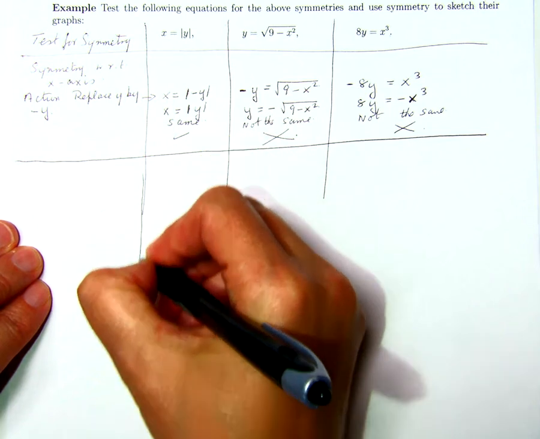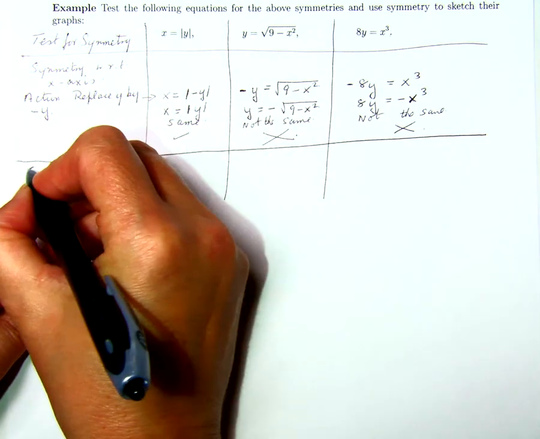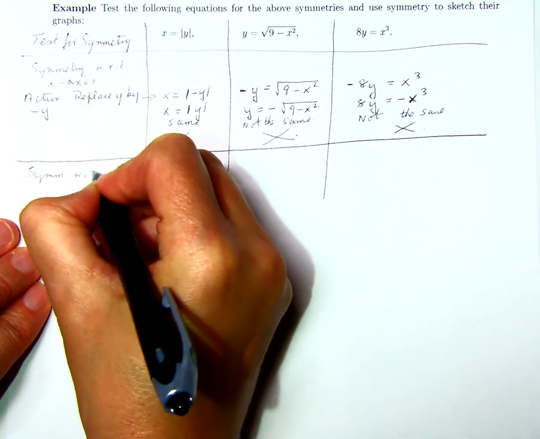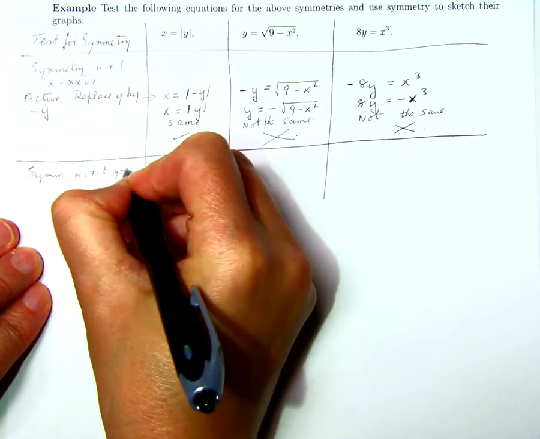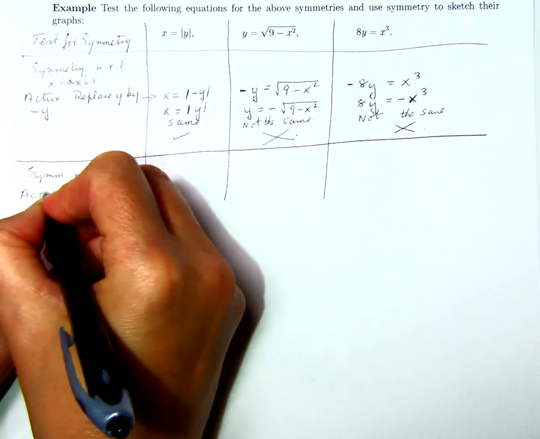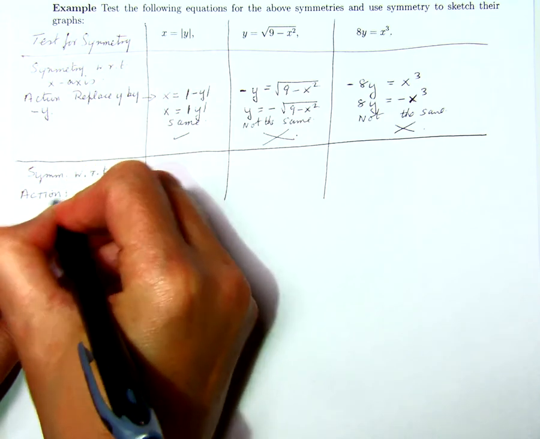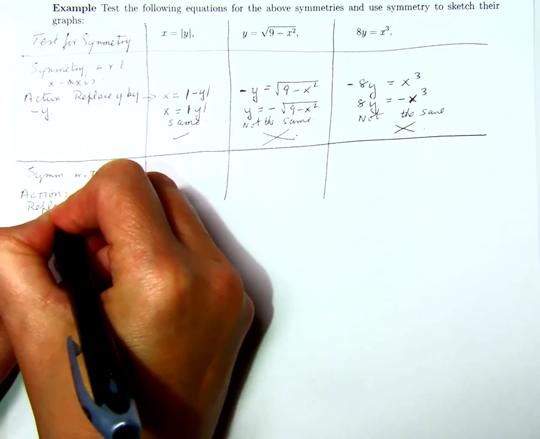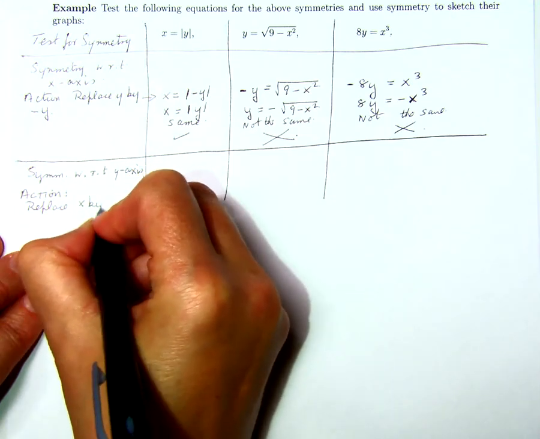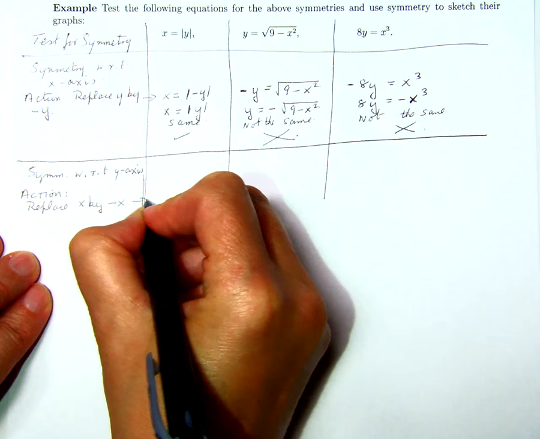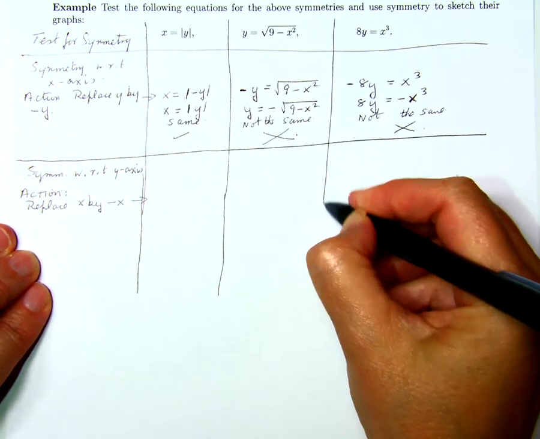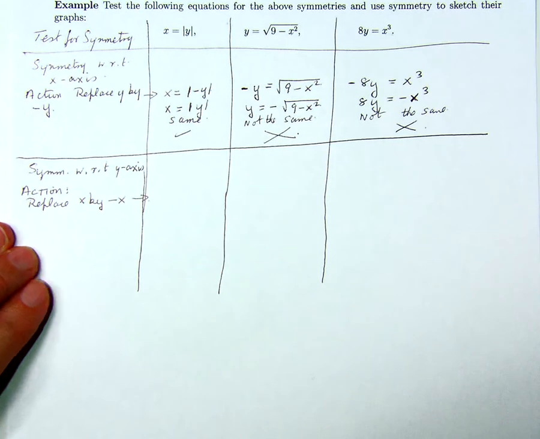What about symmetry with respect to the y-axis? What does our test say? We should replace x by negative x in the equation and see if we can figure out if we have the same equation or not.